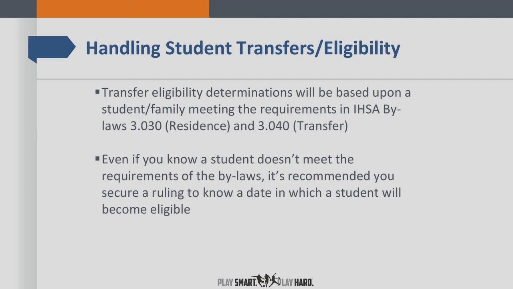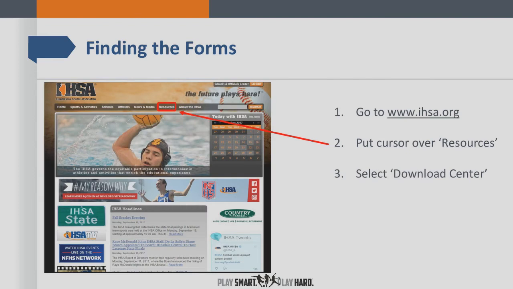For example, if a student transfers to your school under a residence or transfer bylaw, and only played football in his previous school, the student may gain eligibility after the current football season as opposed to being ineligible for the entire school year. So there are circumstances where a period of ineligibility may be less than the 365 days that the bylaws may say a student could be ineligible.